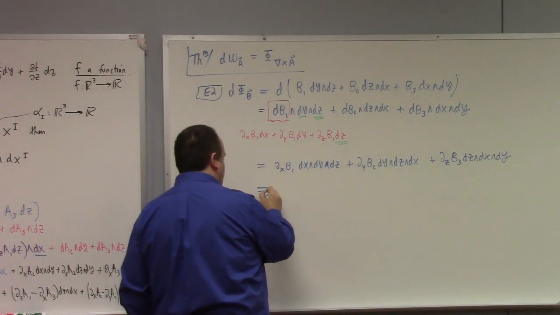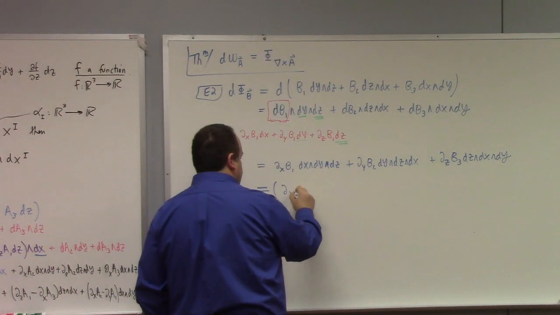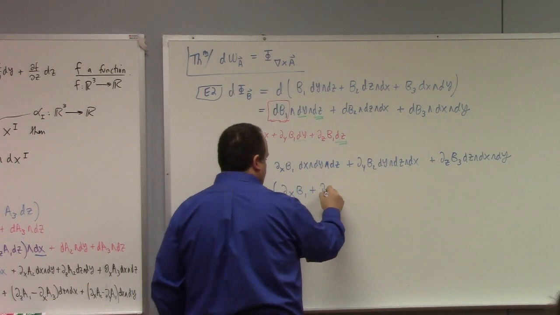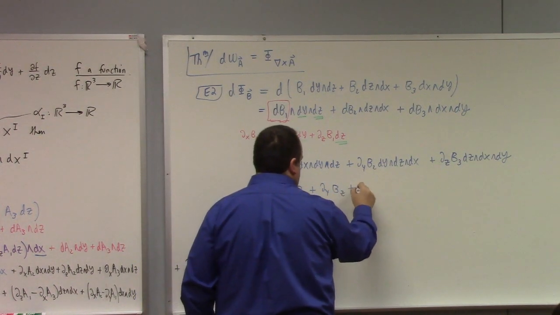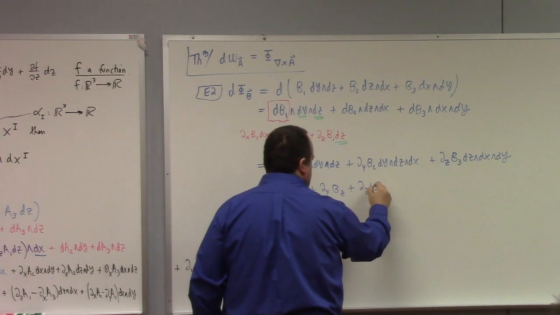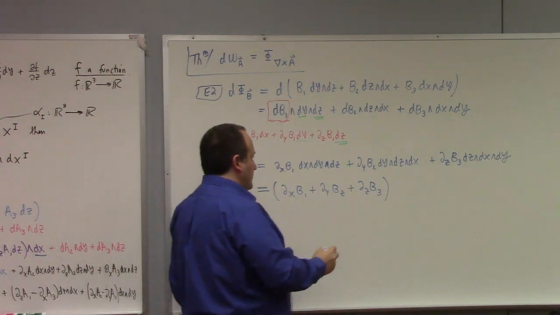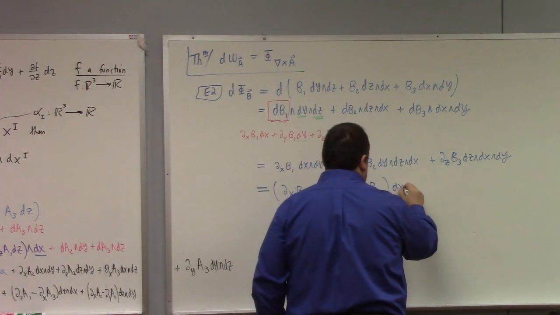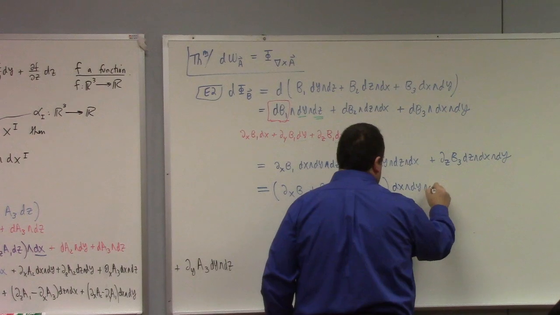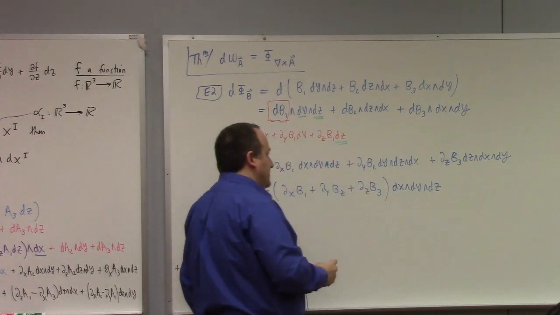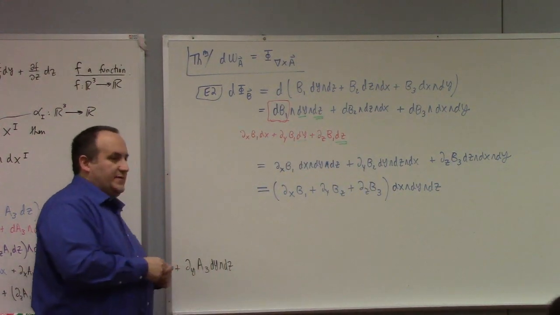But we can factor out these terms because, if you look at it, each one of these has dx wedge dy wedge dz multiplying it. Let me explain that a little bit.